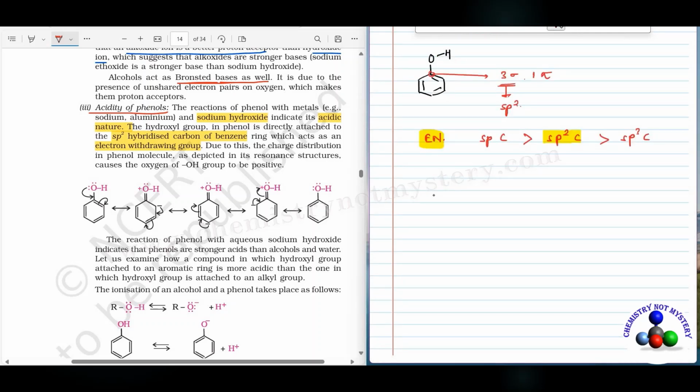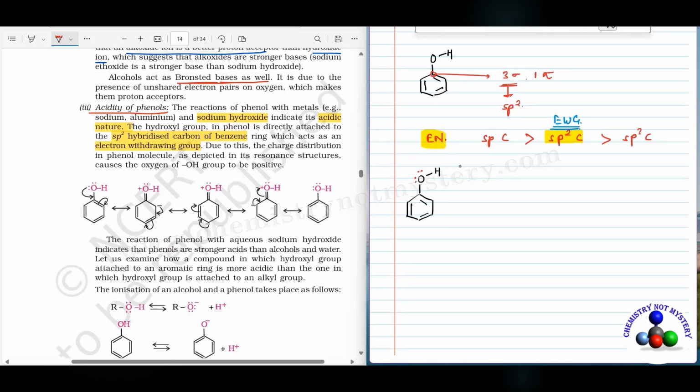So let's draw the resonating structure of phenol. You know this sp2 hybridized carbon can withdraw electron density. So this is oxygen bonded to hydrogen. Oxygen has 2 lone pairs of electrons, and as you have seen here, this sp2 hybridized carbon acts as an electron withdrawing group. It will withdraw electron density from the carbons.